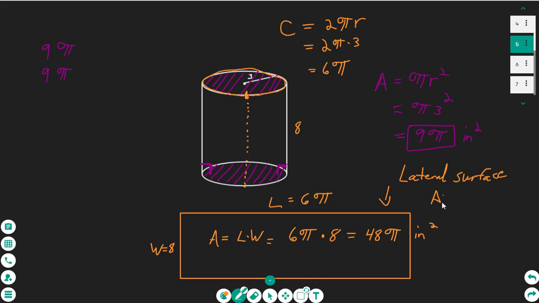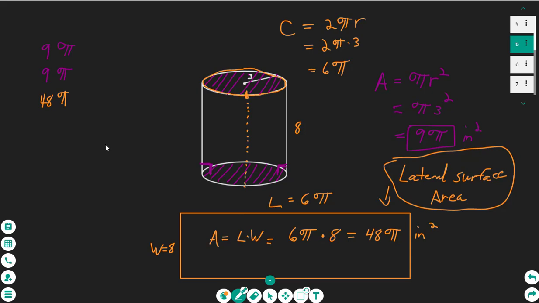Sometimes they might even ask you only to find the lateral surface area, and they won't ask you to include the top and the bottom. So it's important to know that term. It's the area of the sides around the top and bottom. In this case, just the one side. All right? Excellent. So we have 48 pi for our lateral surface area.